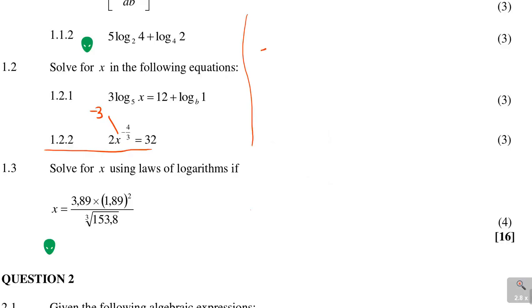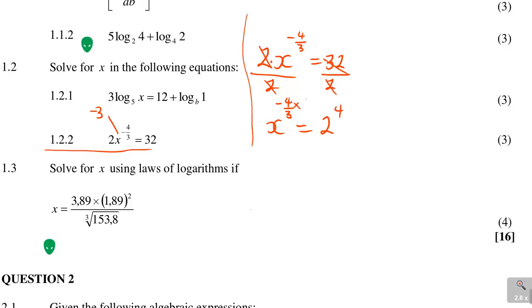So we said 2x to the power negative 4 over 3 is equal to 32. And don't forget, first things first, 2 is multiplying, you divide by 2 on both sides, and when you do that, you've got x to the power negative 4 over 3 is equal to 16, and we said 16 was 2 to the power 4.